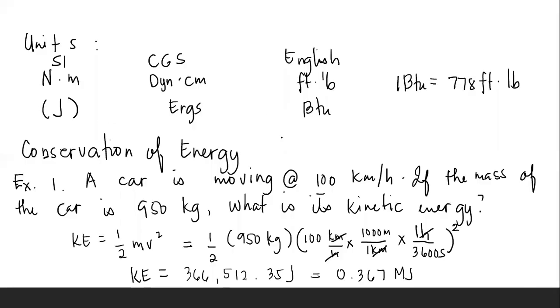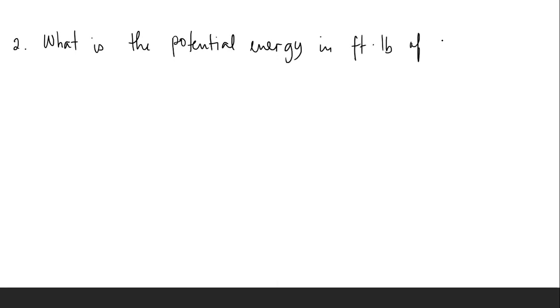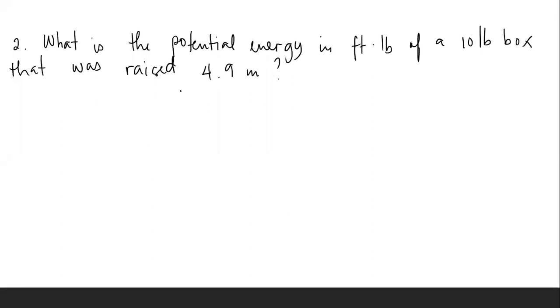Another example, number 2. What is the potential energy in foot-pounds of a 10-pound box that was raised 4.9 meters? Using the formula, potential energy is equal to mass times gravity multiplied by the height.